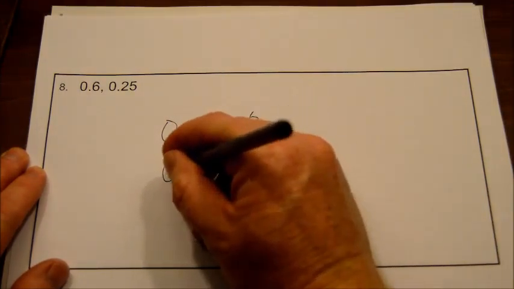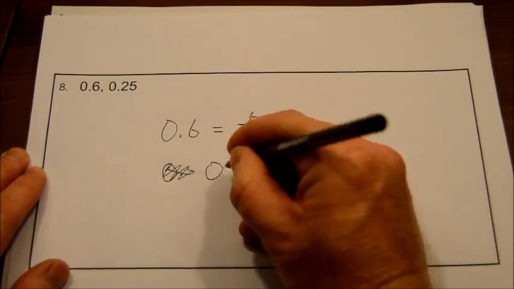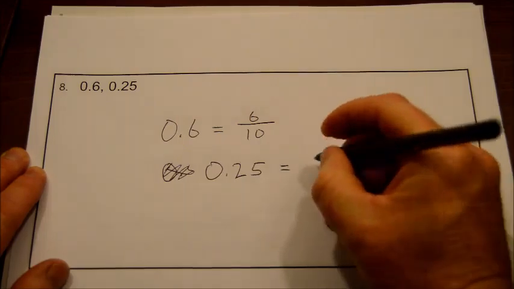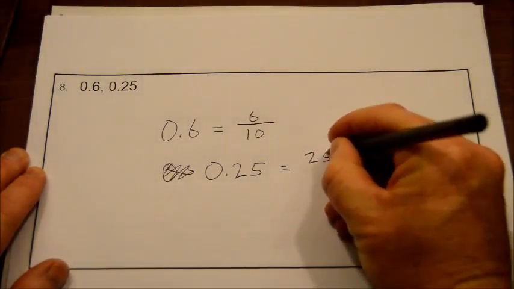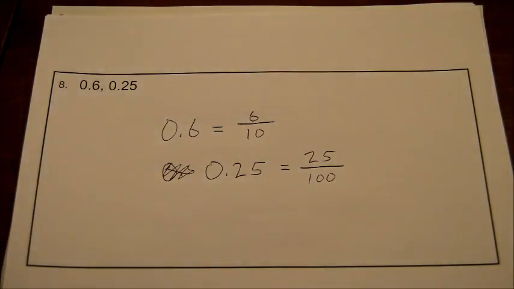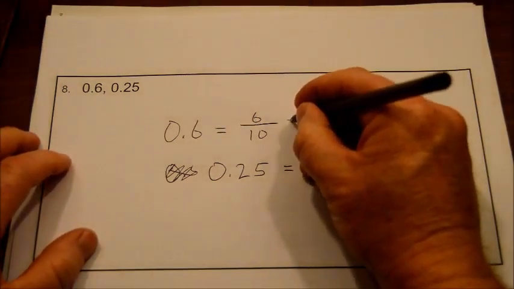0.25, 25 hundredths, okay? You can write that as 25/100, all right? But that fraction can be simplified. Both of those fractions could be simplified, okay? 6/10, take a look at that.